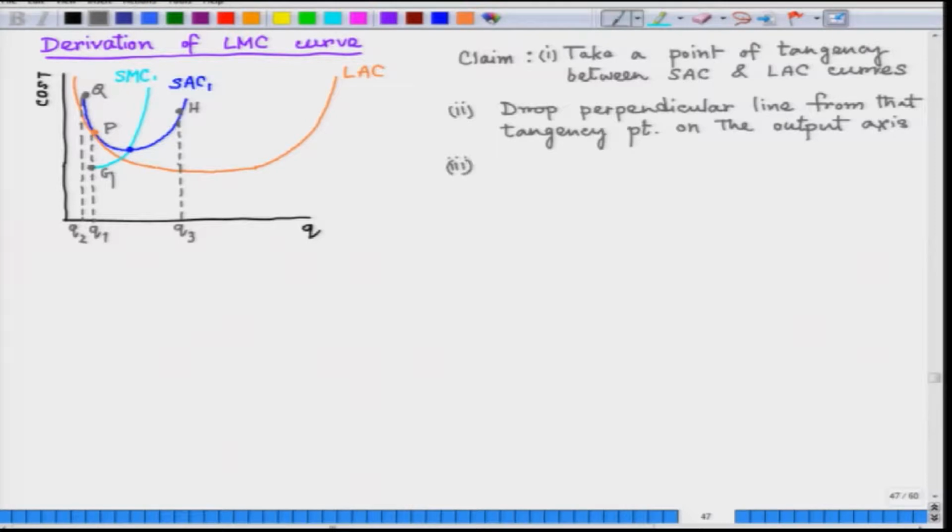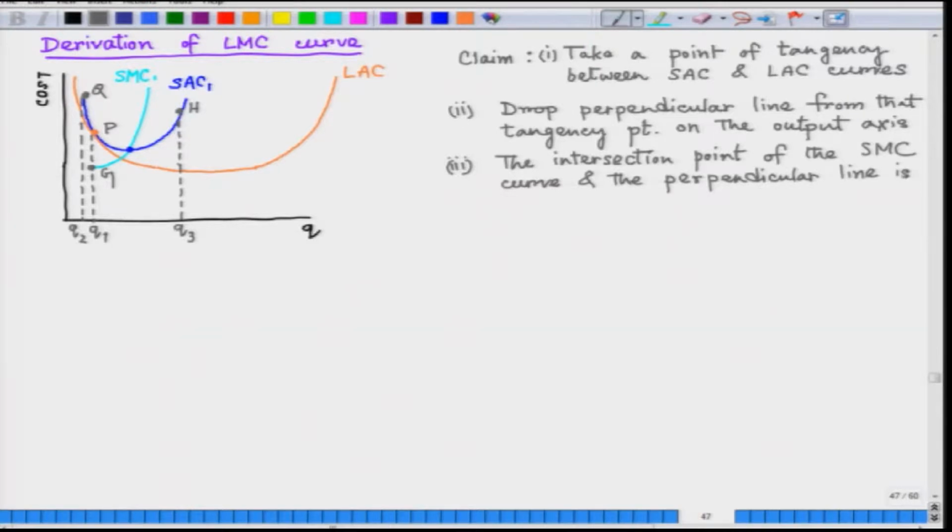Then the intersection point of the SMC curve and the perpendicular line is a point on the long run marginal cost curve.